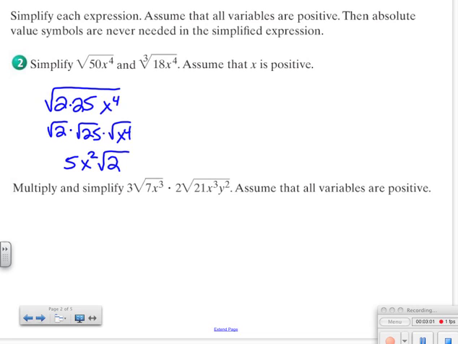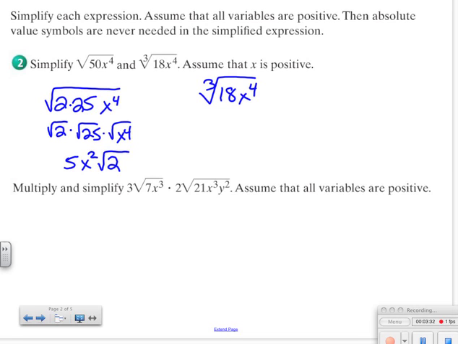The same thing can be true for the cube root of 18x to the fourth. You're going to take that cube out. When I look at 18, I know that I can divide that by 9, and I can divide that by 2, but that's not going to be helpful. 3 times 6 is not going to be helpful either.